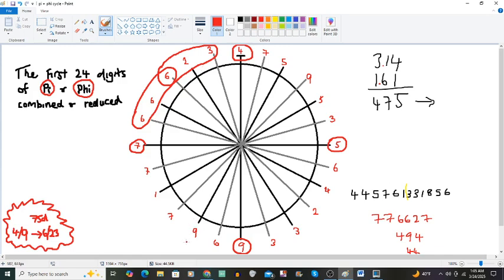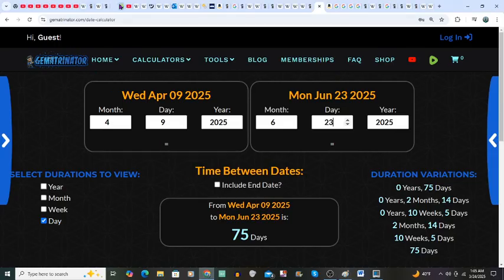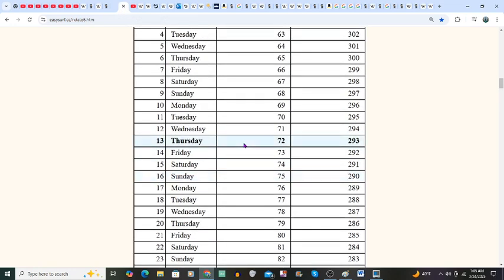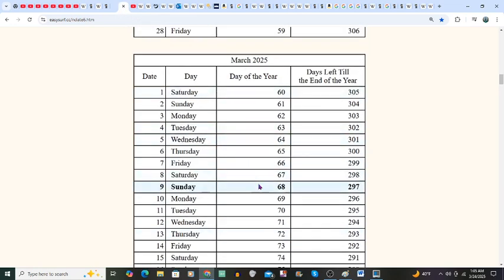Actually, we could just have a look at what day that was. That would have been March the 7th, that last quarter date there. That is kind of interesting, let me show you why.